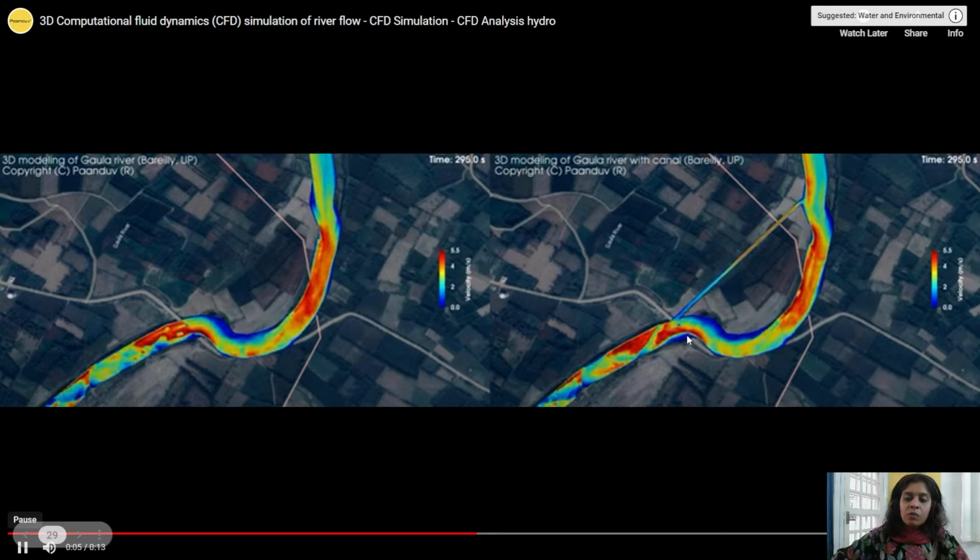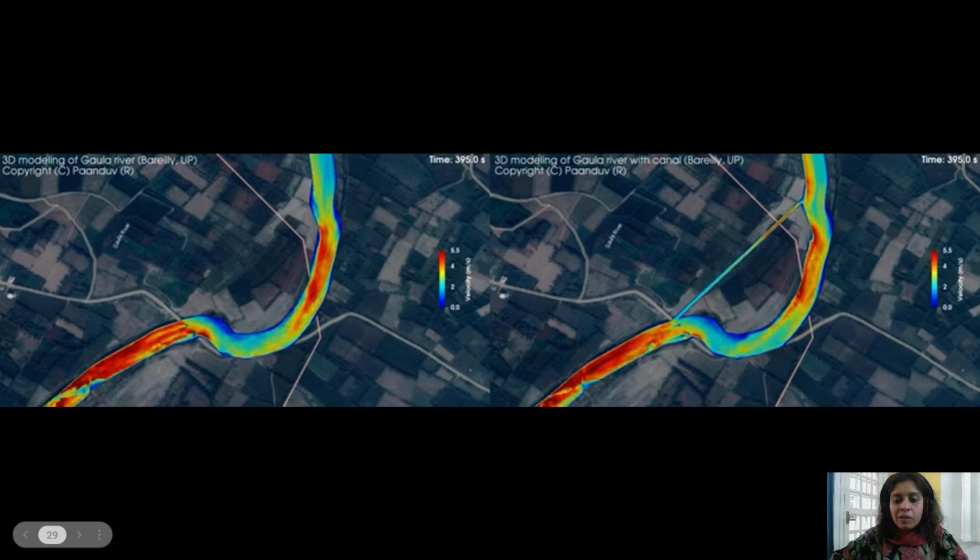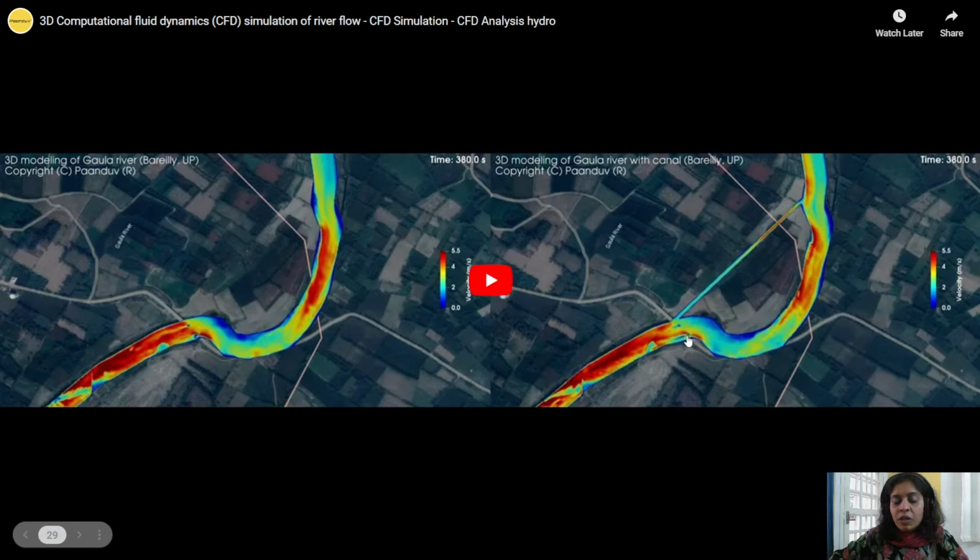So not only is computational modeling used for studying the existing system, but you can create a case study, you can create some preventive measures and understand how the catastrophe will affect the downstream. All of those aspects can be understood well by computational modeling.